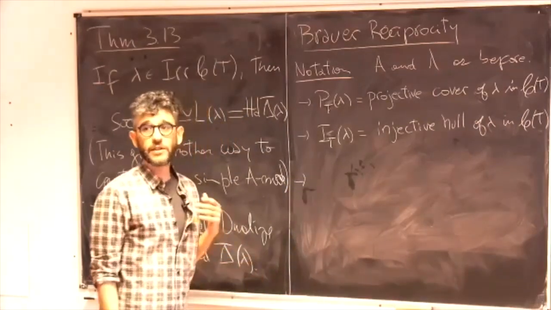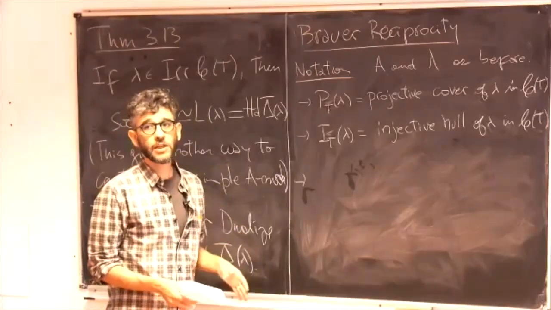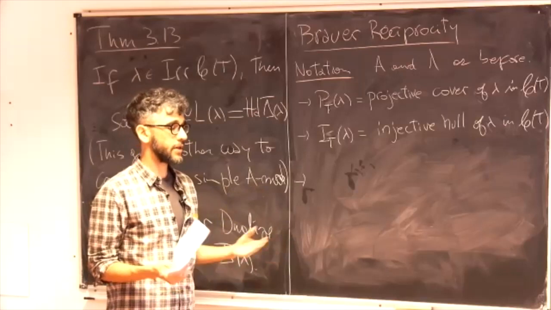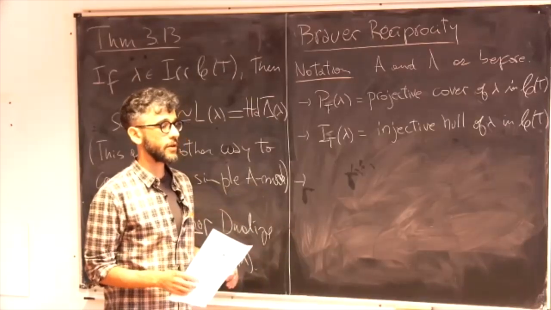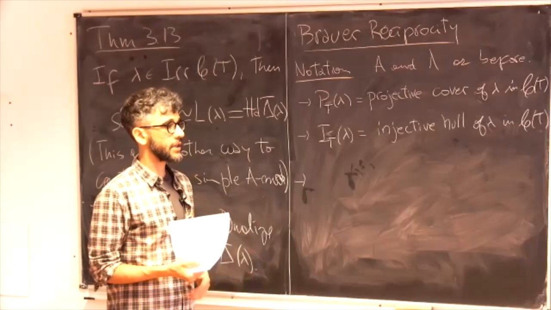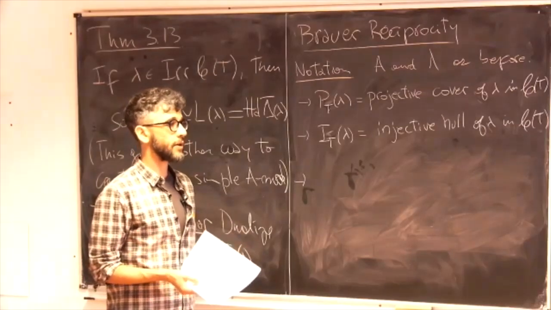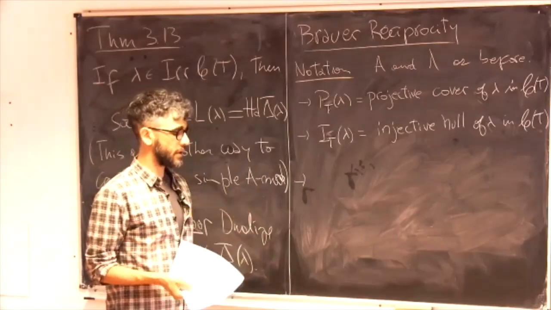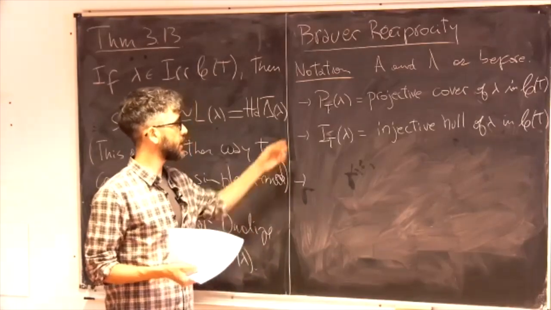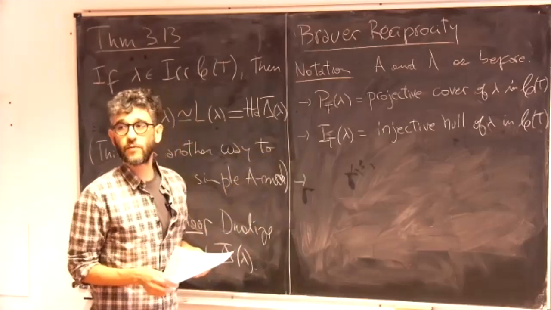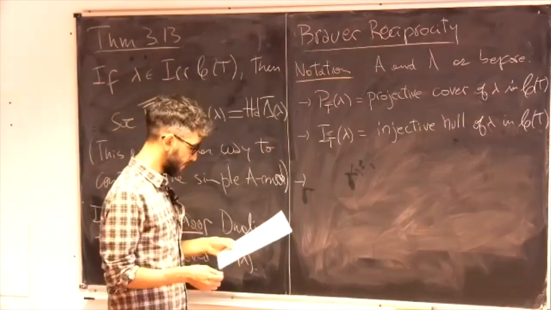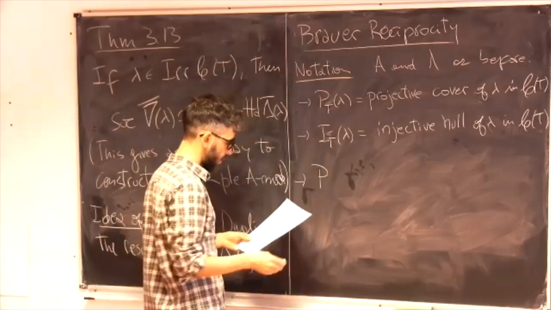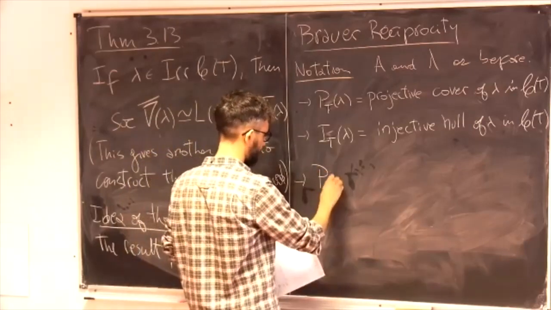After the simple objects, which are the first main information about the category of modules, when the algebra is not semi-simple, the other important objects in the category are the projective and the injective ones. For this reason, we will consider the projective cover of L lambda.